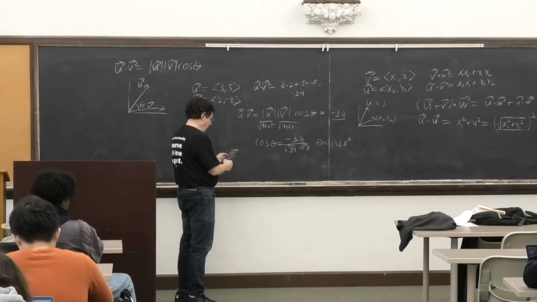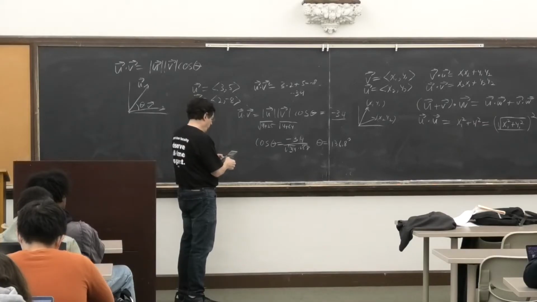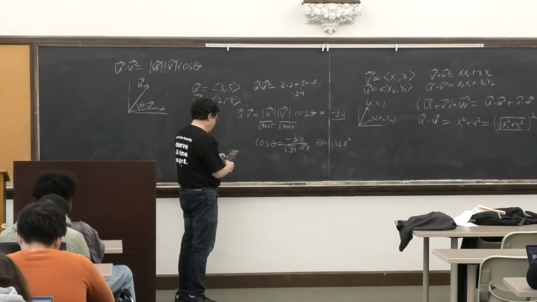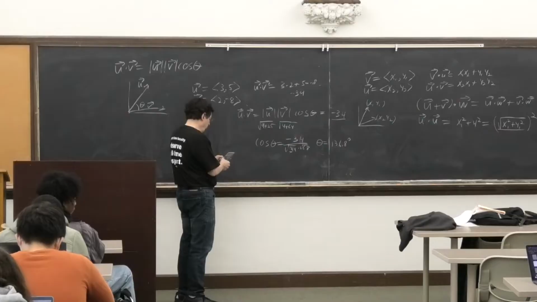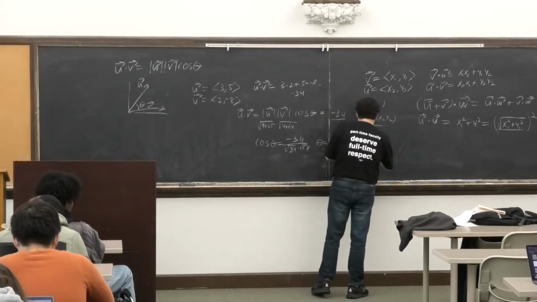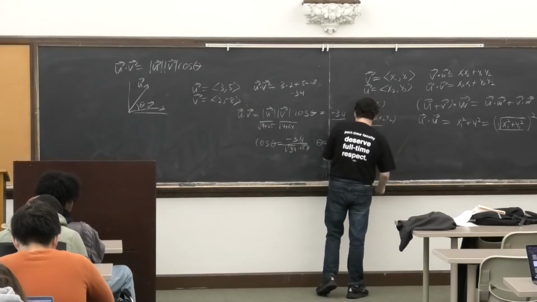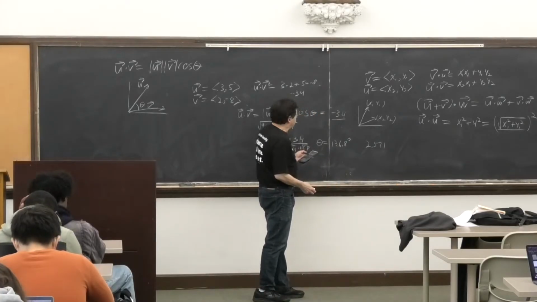Wow, okay. Negative 34 divided by square root of 24 divided by square root of 68 is 0.81. So why didn't I get an inverse cosine answer? Oh, I get 2.571. That's radians, I guess.